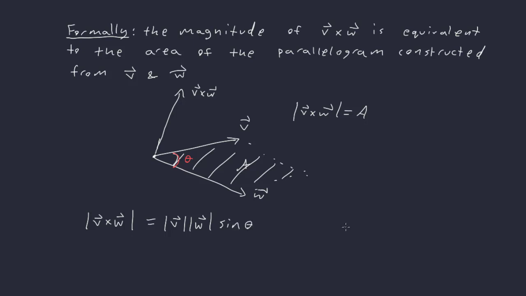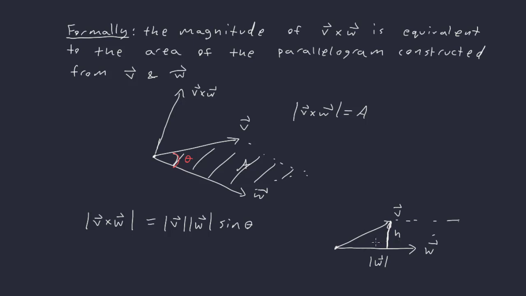Right, and that basically just comes from the fact that if you look at V and W, the area of a parallelogram is base times height, and you can get this height here. Well, the base is, of course, the magnitude of W, and the height you can get from sine, right?